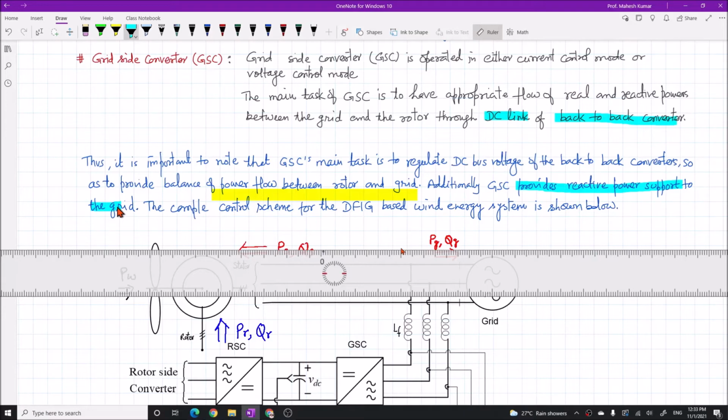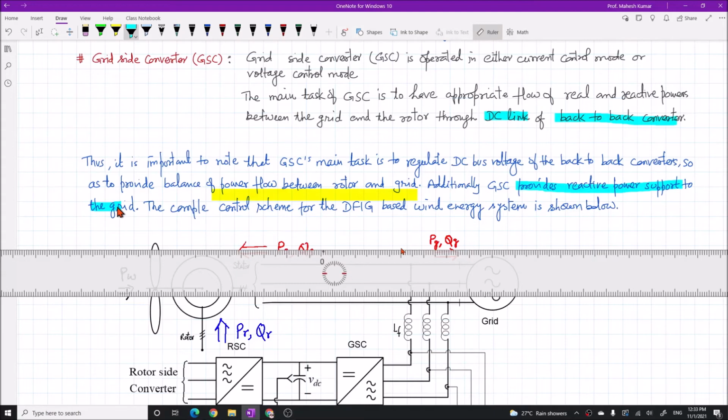Alright, now to make this grid reactive power set to 0, we need to supply the reactive power to the stator from the grid side converter. Otherwise, the reactive power will come from the grid. As you know, the DFIG is fundamentally an induction generator. An induction generator always requires reactive power for its operation.